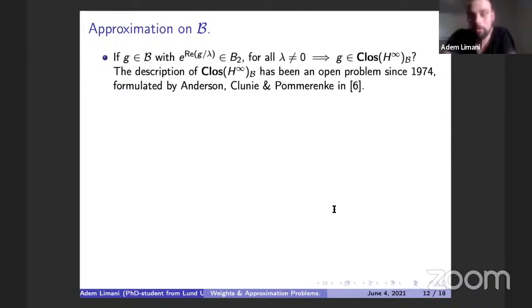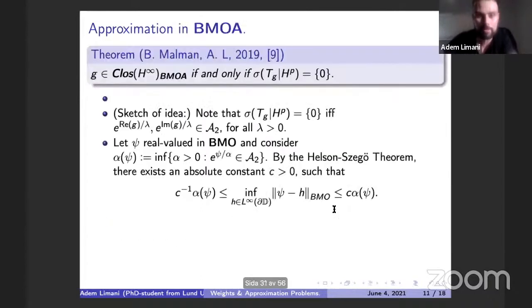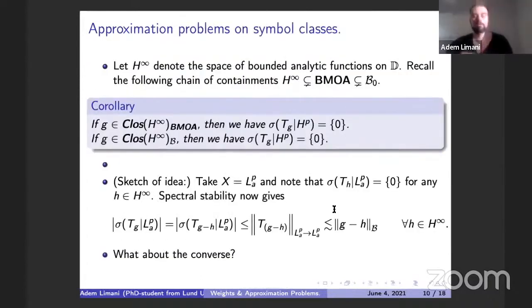Indeed, this was an open problem from a paper by Anderson, Clunie, and Pommerenke a while ago, and this has been open since then. So it's natural to ask this conjecture that we had in the previous slide. Let me see here. The converse of this theorem actually should hold.